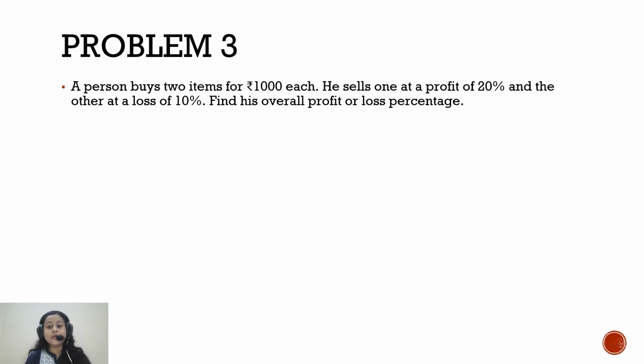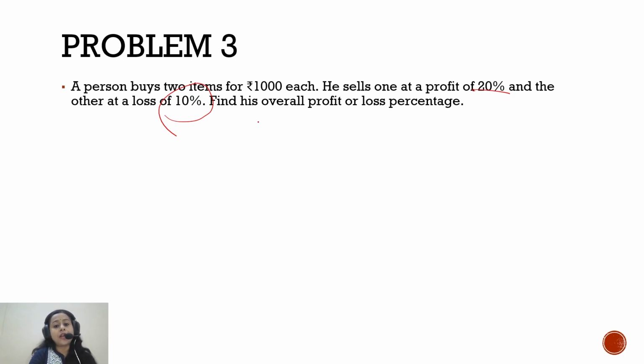He sells one at a profit of 20%, and he sells the second product at a 10% loss. We have to find the overall profit or loss percentage, right?